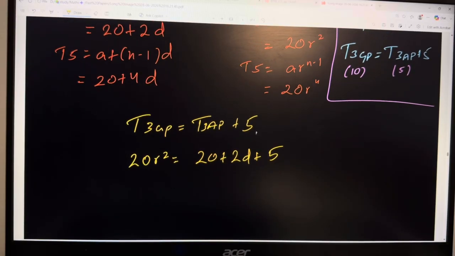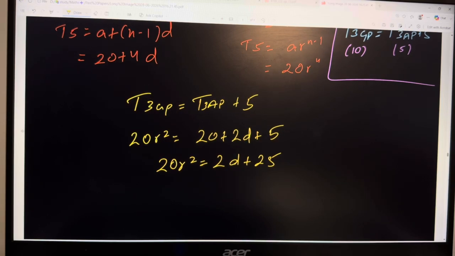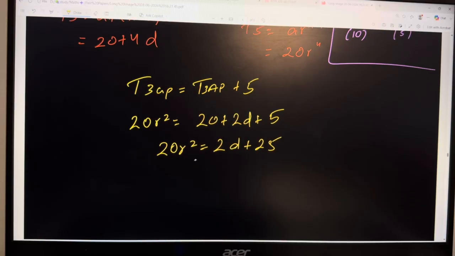So 20 plus 5 is equal to 25, so 20 r squared is equal to 2d plus 25. Now we can make any of the two the subject, but if I make r squared the subject, it will get confusing. So let me make d the subject. This becomes 2d is equal to 20r squared minus 25.